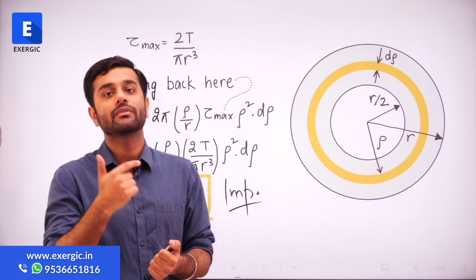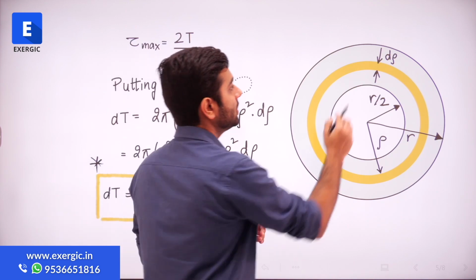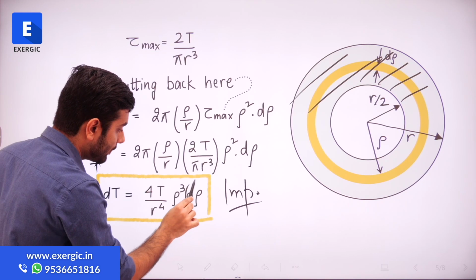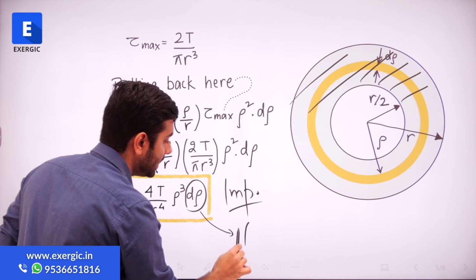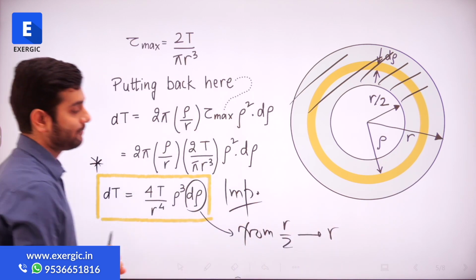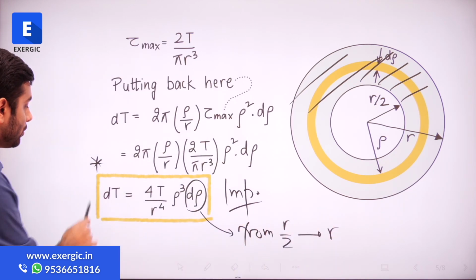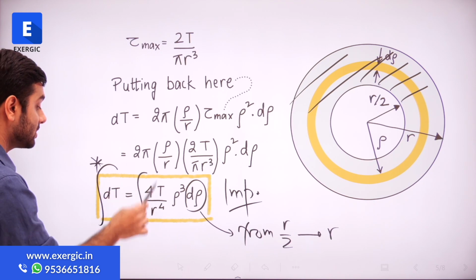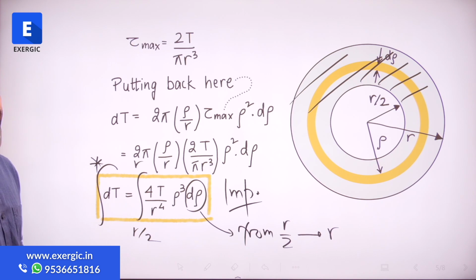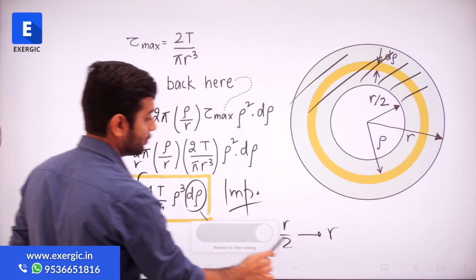For this question, what we need to do is find out the torque resisted by the outer core. So this value of d rho is going to vary from r by 2 up to r. So in order to find out the net torque, we are going to integrate this expression from r by 2 up to r. Let us do that here.